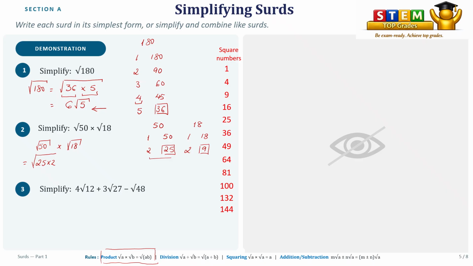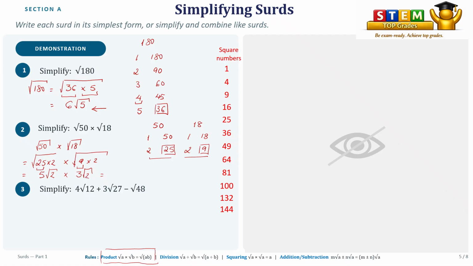And then we're going to multiply this with the square root of, now remember 18 is going to give us 2 and 9. Therefore, I'm going to write 9 and 2. Square root of 25 is going to give me 5. 2, we can't get a whole number, therefore we leave it in surd form. And then you're going to multiply this as the square root of 9, that gives us 3, multiplied by root 2.